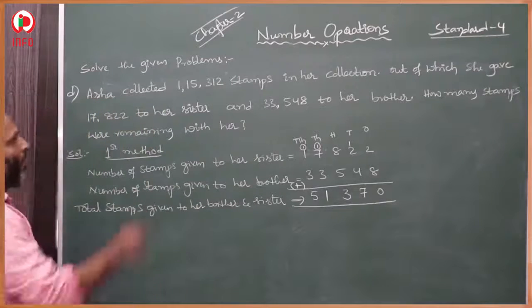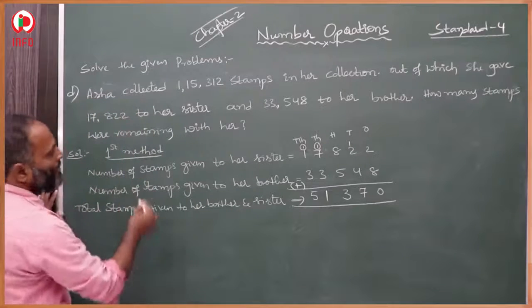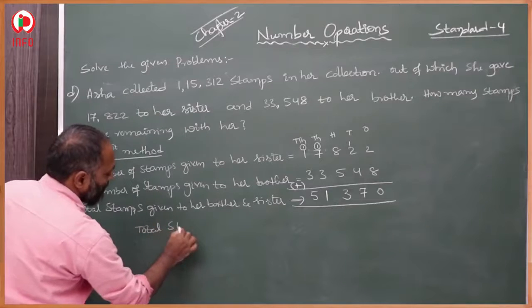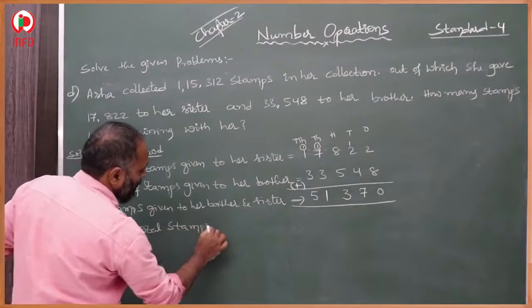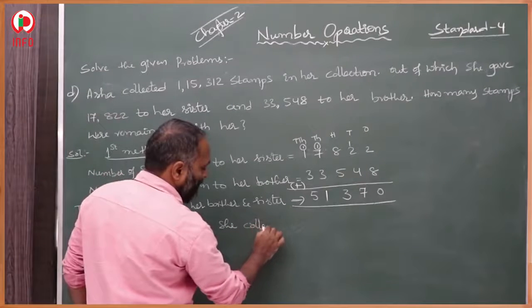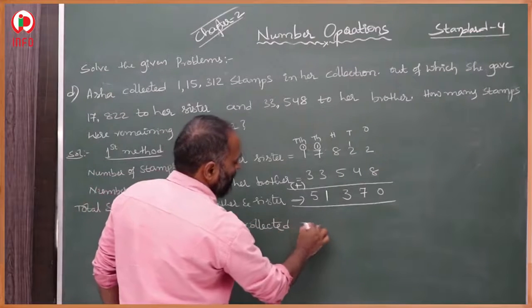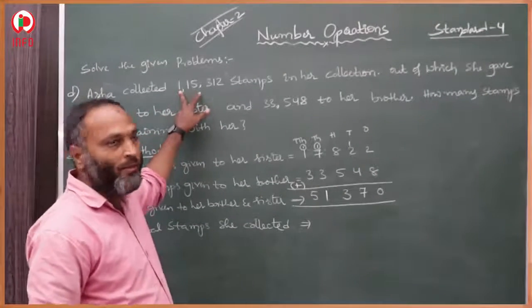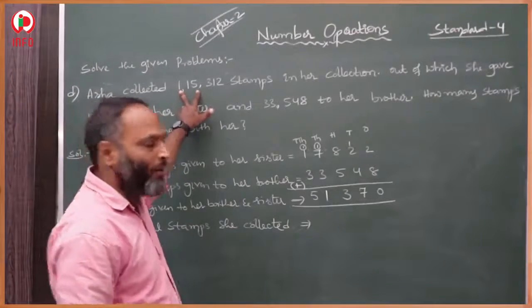Now, total stamps she collected, means her collection. Total how many stamps? Her collection stamps: 1,15,312.